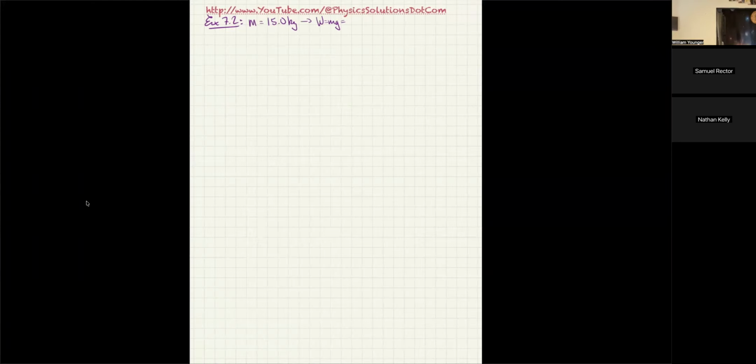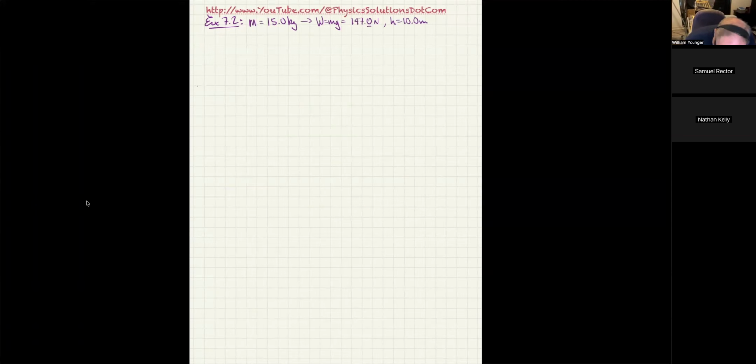And that gives me 147.0 newtons is the weight, just because we're going to need that anyways. We also know that the height of the hill is 10.0 meters. We're not actually given the angle theta. That's going to become relevant in a second, but the main thing is I'm going to draw a diagram so it'll make some sense to you.